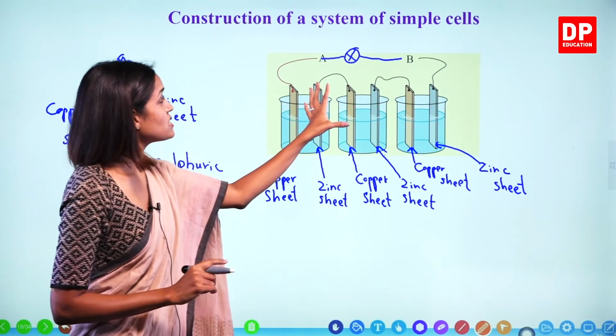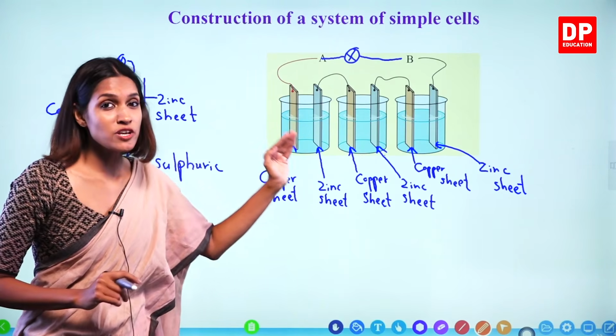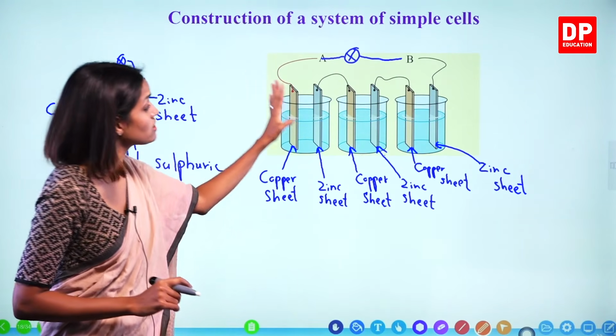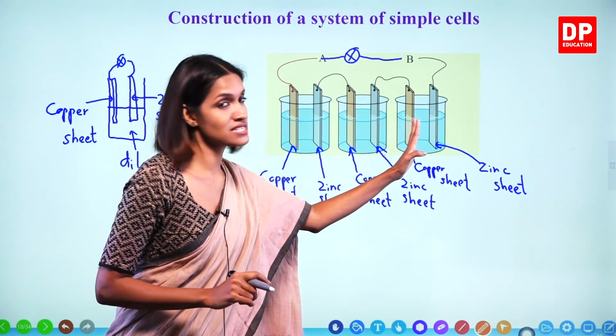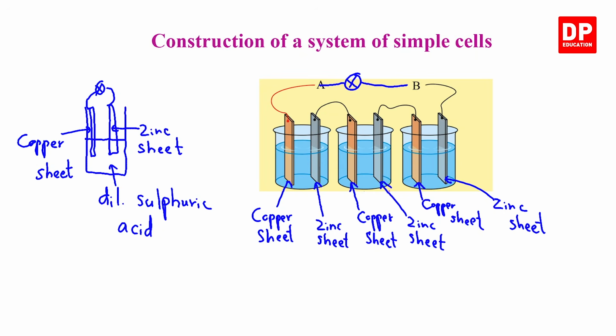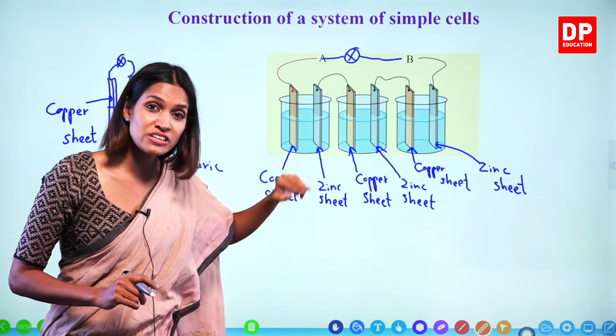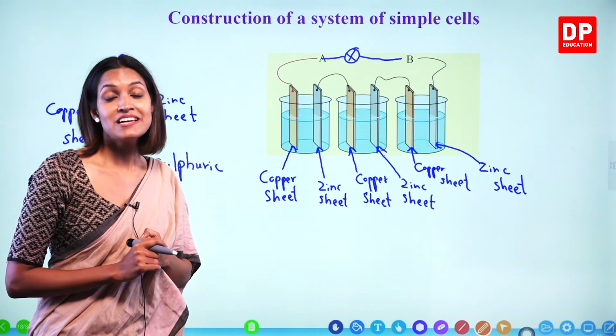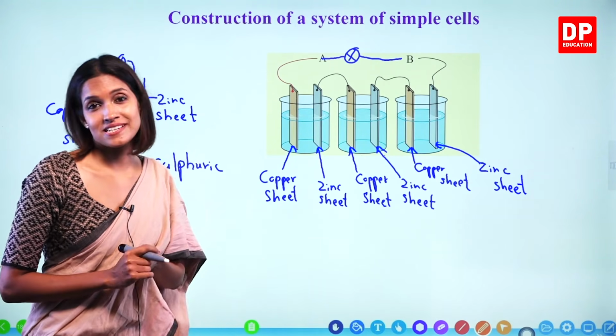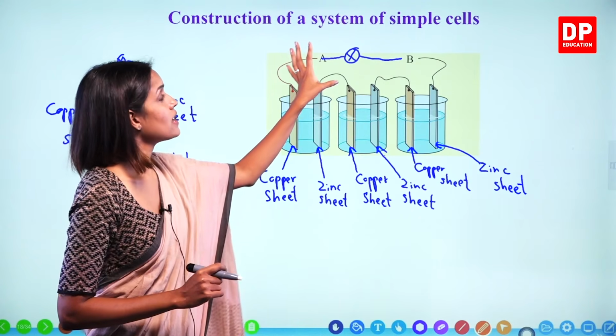Okay, so if you do the same experiment we did before with 3 simple cells together, you will see this bulb will glow brighter. What will happen if you connect the motor to this one? Motor will spin faster, right? It will rotate faster. What will happen if you connect the ammeter?